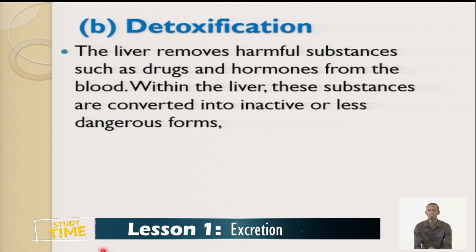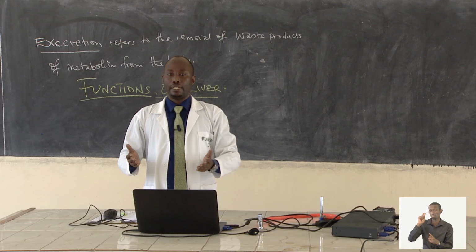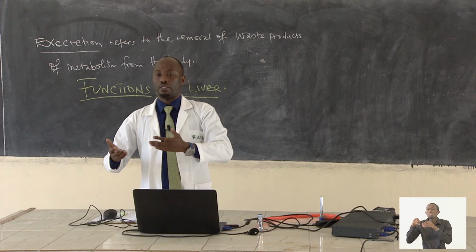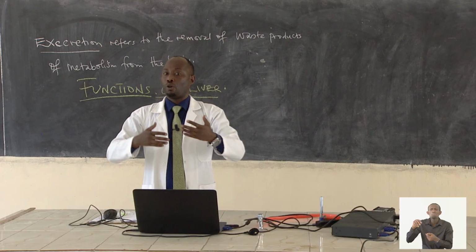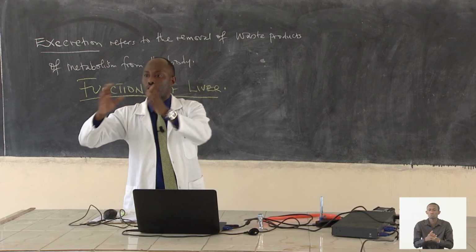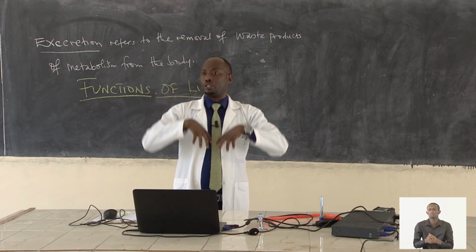I have another one which is called detoxification. The liver also does the function of detoxification. Toxic substances have to be removed. The liver removes harmful substances, which can be drugs or hormones from the blood. You can take drugs and they become too much in your body.